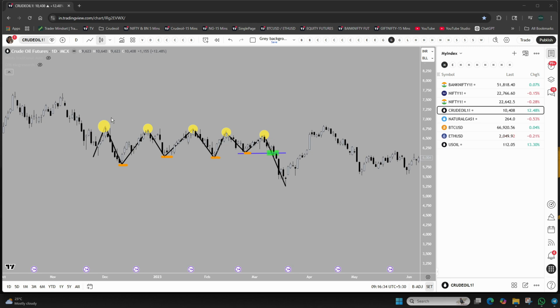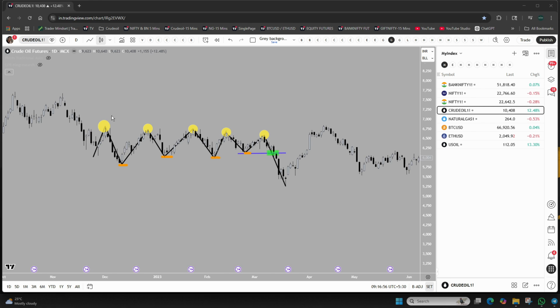This is one double top, this is another double top, and another, and another. The yellow circles that you see mark each pair of double tops. Now the orange lines that you see are the necklines.